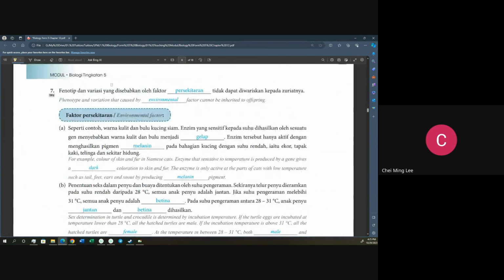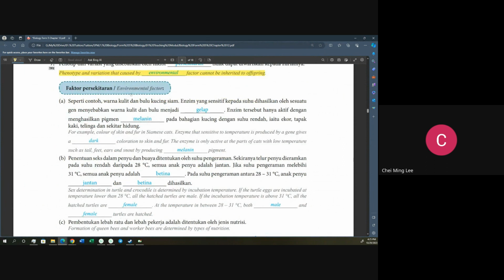The phenotype and variation caused by environmental factors normally cannot be inherited by offspring. So for example, for environmental factors, we have the color of skin and fur in Siamese cats.